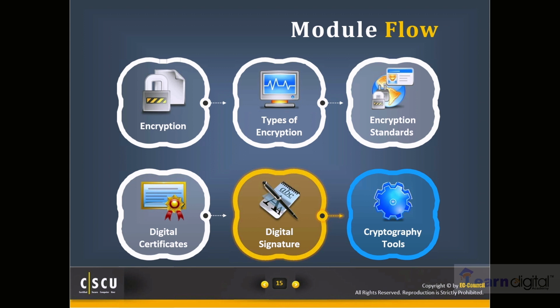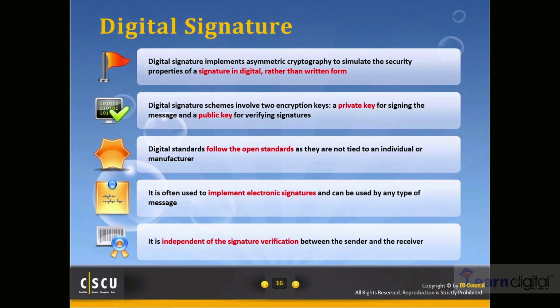So this will enable secure communication, authentication and data integrity verification in various online transactions, right? So how a digital signature works we will discuss, but before we go ahead we need to discuss what is a digital signature. So the digital signature implements asymmetric cryptography to simulate the security properties of a signature in digital rather than written form. So the digital signature schemes involve two keys, a private key for signing the message and a public key for verifying the signature.